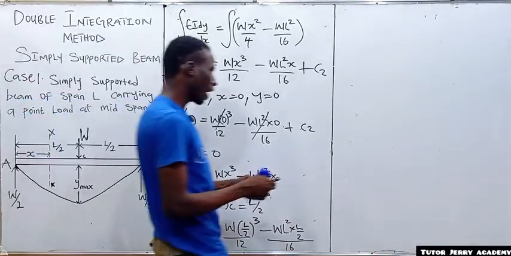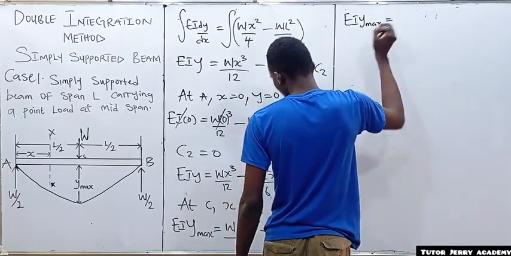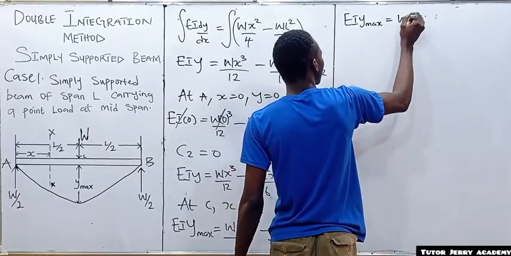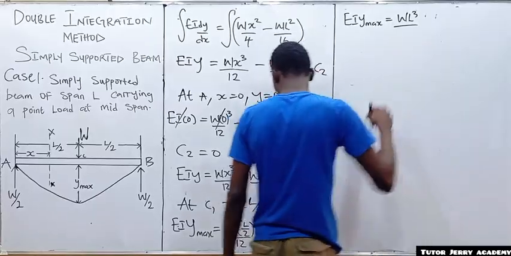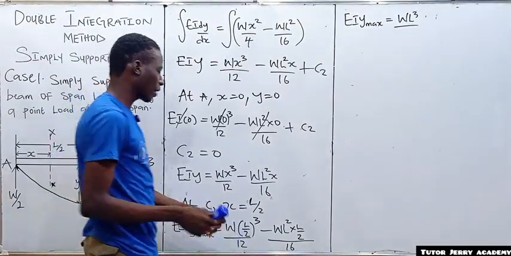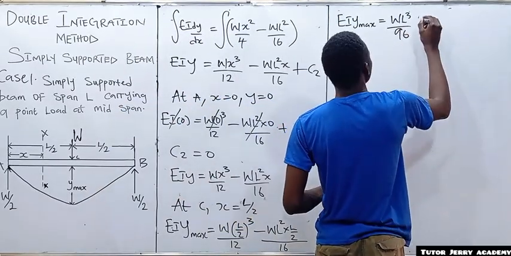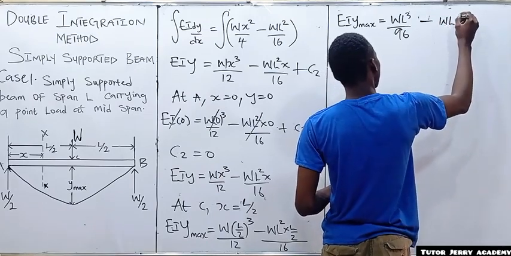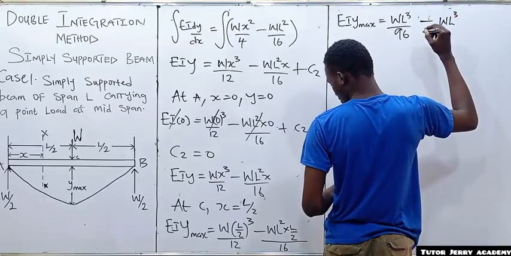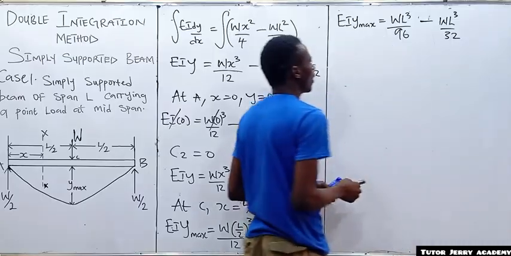So EI y max equals W L to the power of 3 all over 96 minus W L to the power of 3 all over 32. This is what we have.